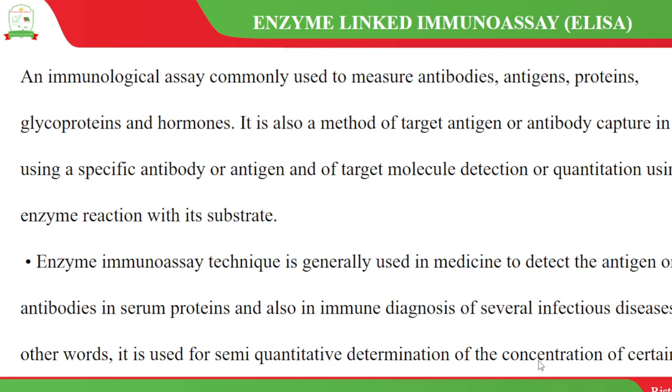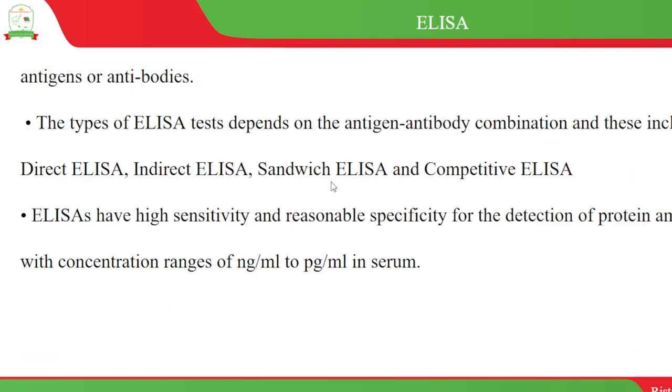You can also get to know how much infectious diseases have affected your immune system through this method, because it checks your antibody and antigen levels in your body. The types of ELISA tests depend on your antigen-antibody combinations, and may include direct ELISA, indirect ELISA, sandwich, and competitive ELISA, which have different functions.